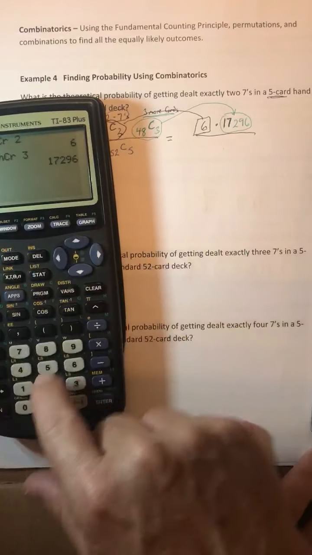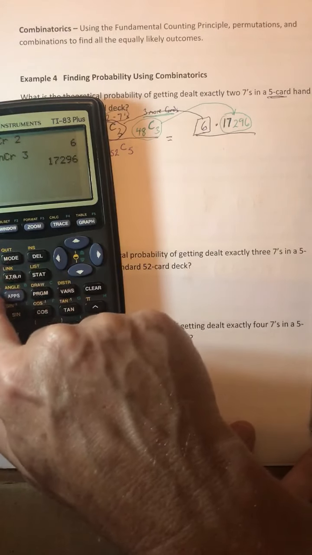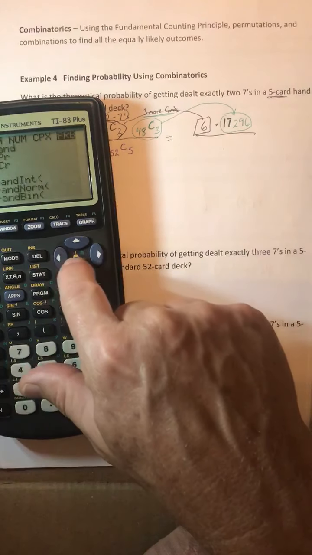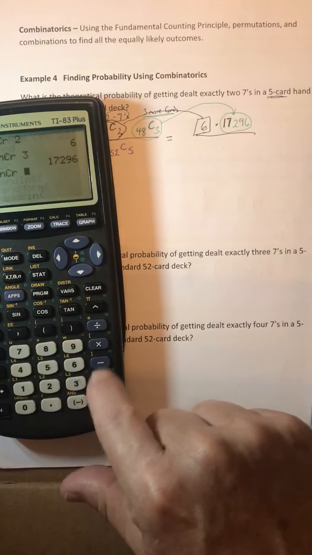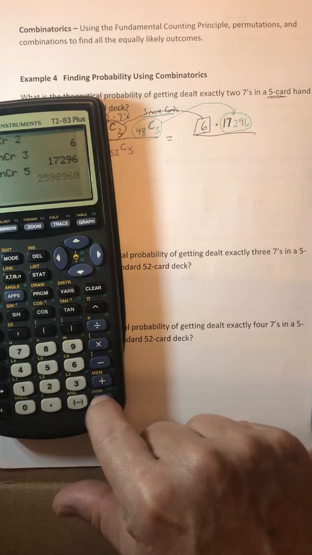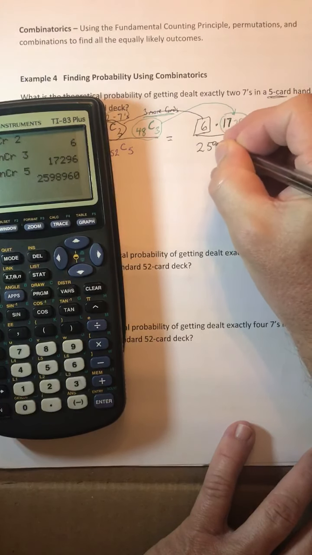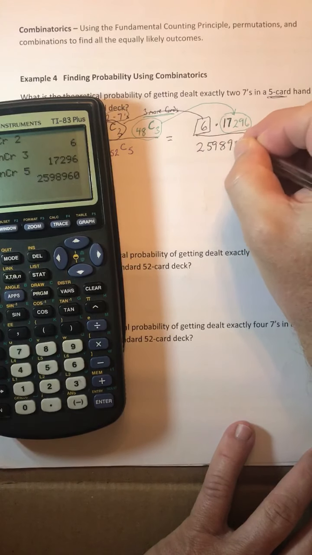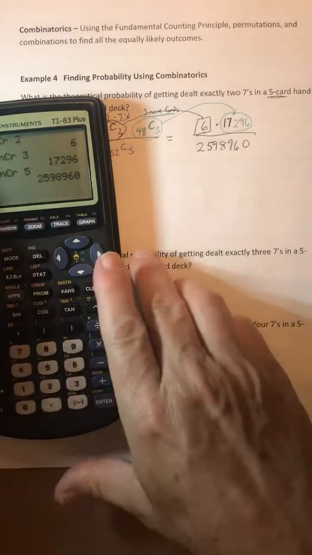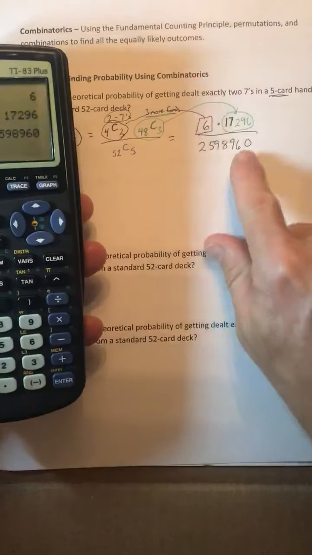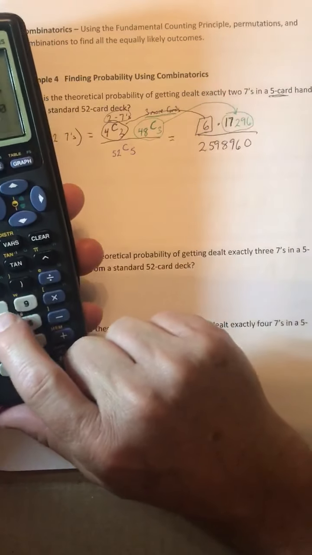So now I have to do 52 C5. And that is 2,598,960. All right, so now we put that all together in the calculator, so I just get an answer.